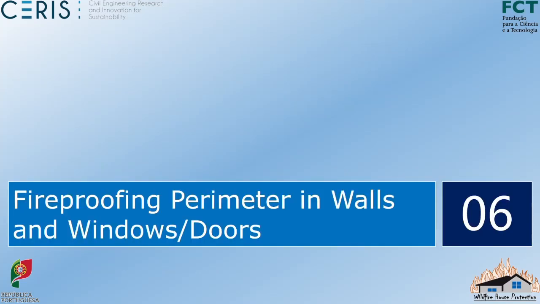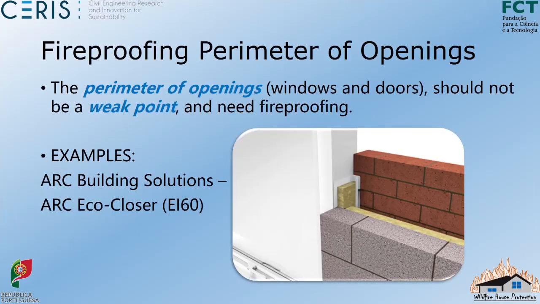So now we need to fireproof also the perimeter between the walls and the windows. As we said in the previous video, we provide a solution provided by our ARC, okay, in which the perimeter of the openings, basically the windows and the doors, in the contact with the walls, should not be the weak point. Therefore, they need a specialized fireproofing. Okay, this is not very difficult.